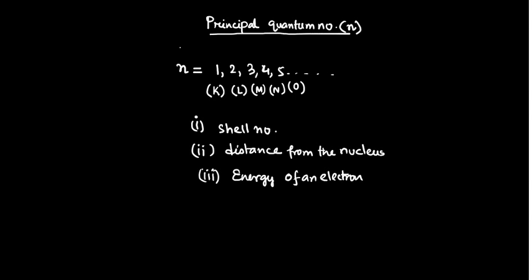Now, next we are going to proceed with the next quantum number, which is the azimuthal quantum number, or we also call it the orbital angular momentum quantum number.